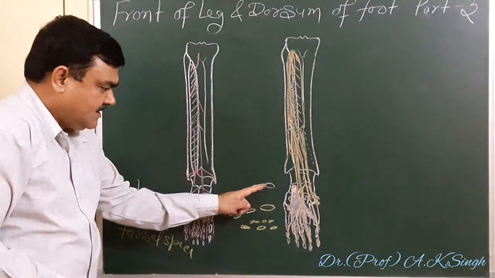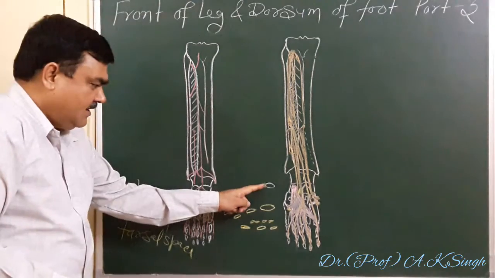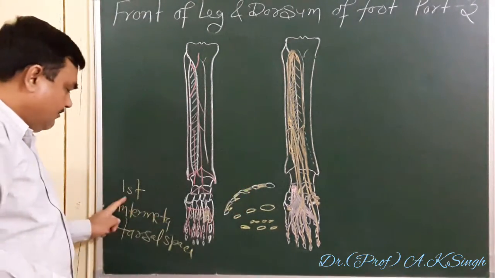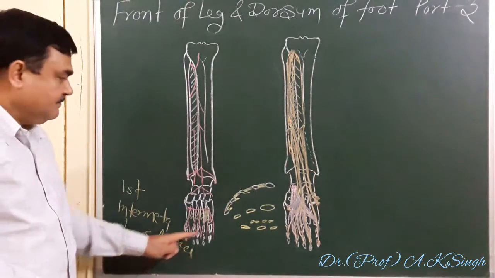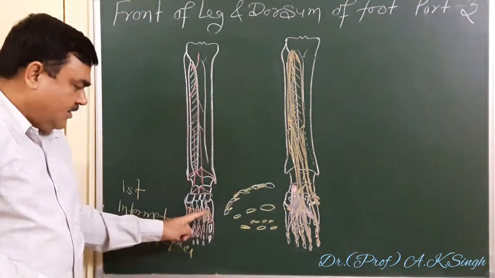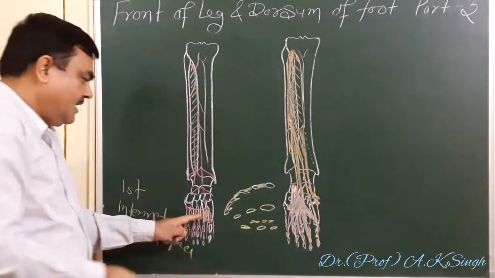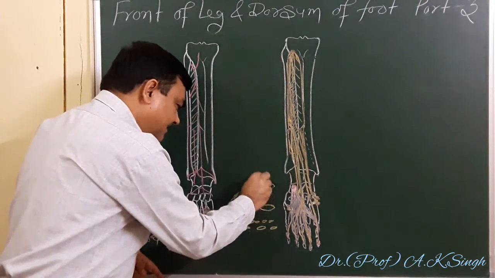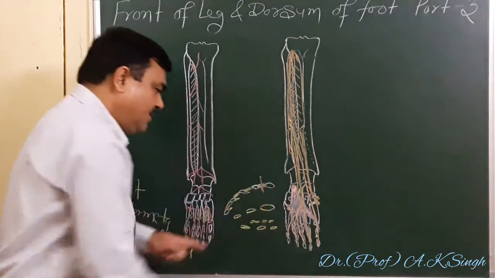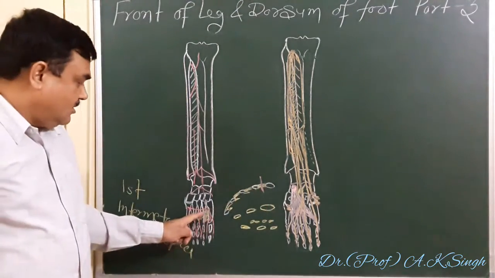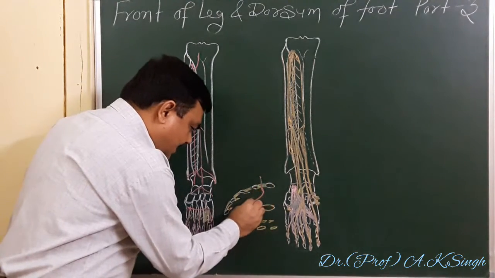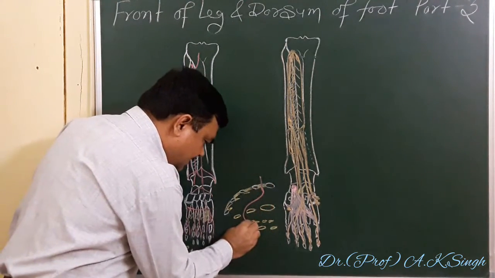This is first metatarsal, this is second metatarsal, and the space between first and second metatarsal is first intermetatarsal space. Here is first dorsal interossei, and this dorsalis pedis artery passes between two heads of the dorsal interossei, and it turns laterally and forms arch.